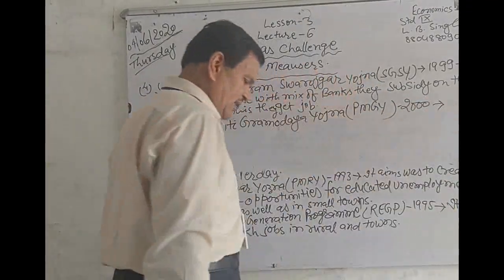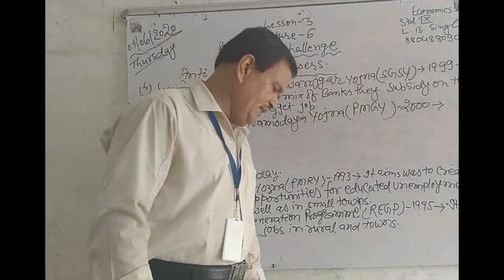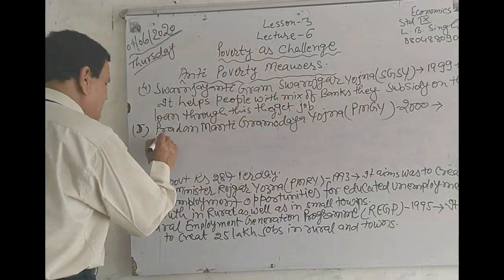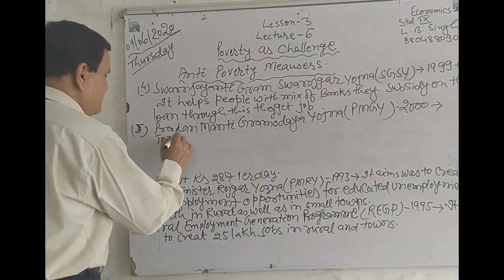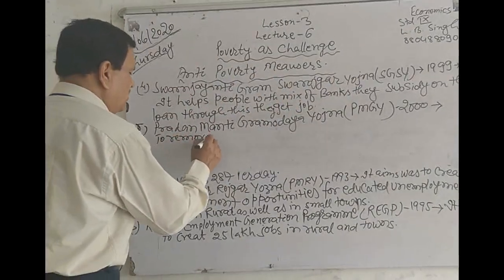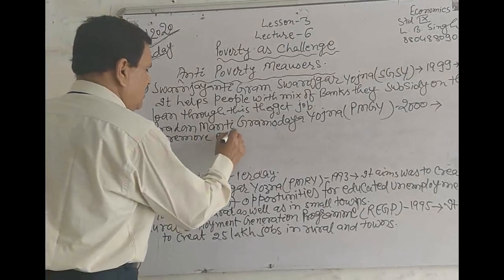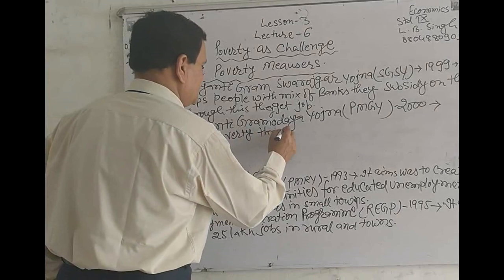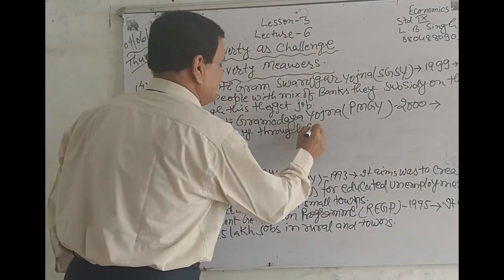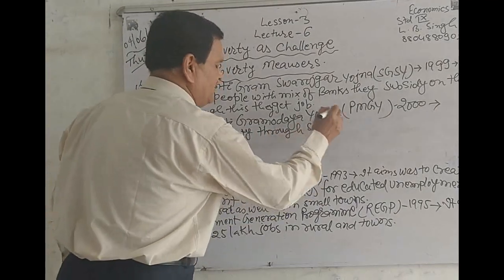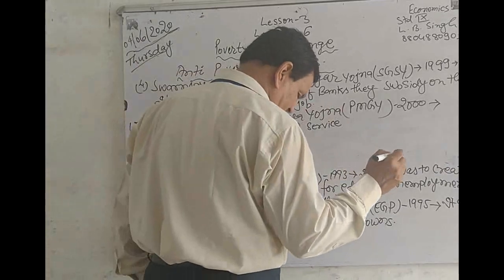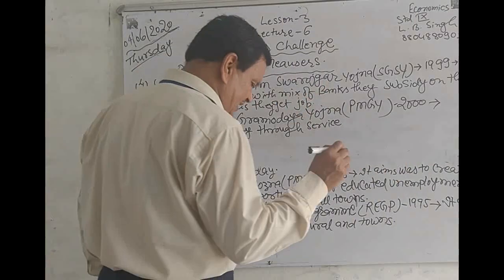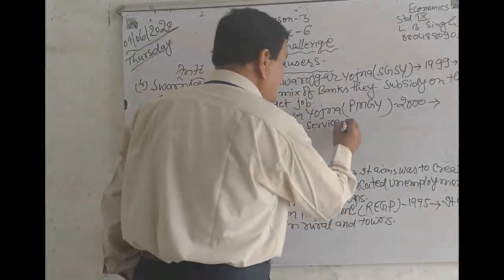Through this, the government was trying to remove poverty through services. Many groups were started. Service means what?